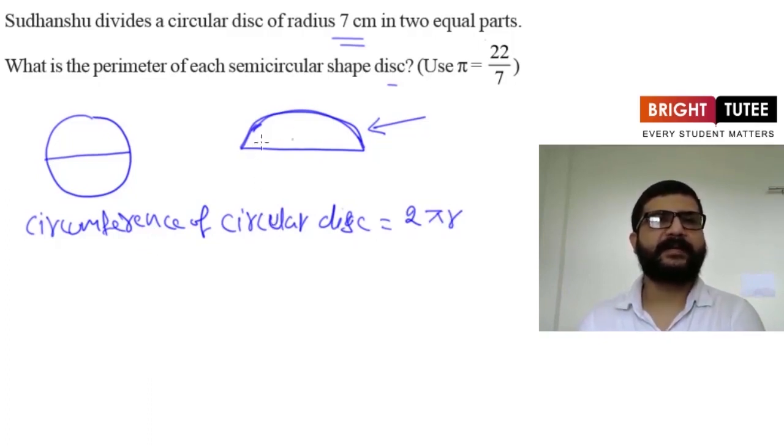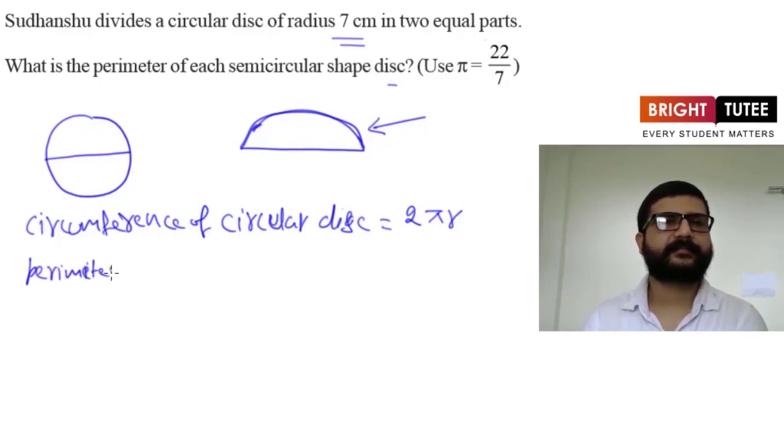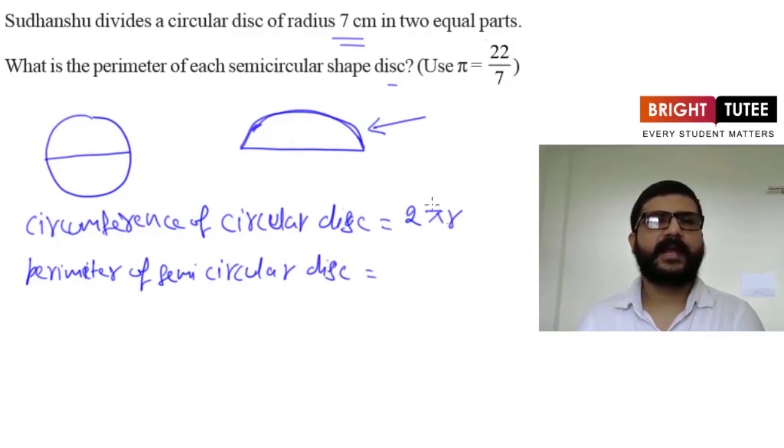Now what we have to find is the perimeter of the semicircular shape. So here the perimeter of the semicircular disc will be equal to half of this circumference plus the diameter.